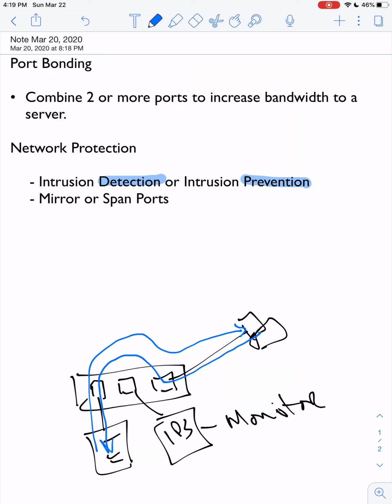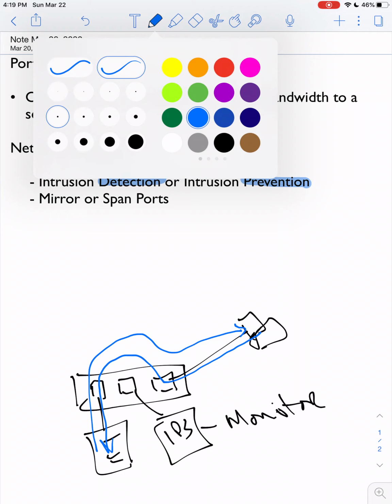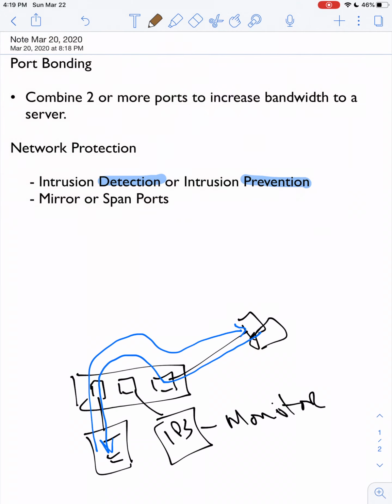So what we do with a port mirror is we tell the device, whenever traffic gets to this port, send a copy to this port. So traffic is now coming here, and then a copy is being mirrored down to our IPS.